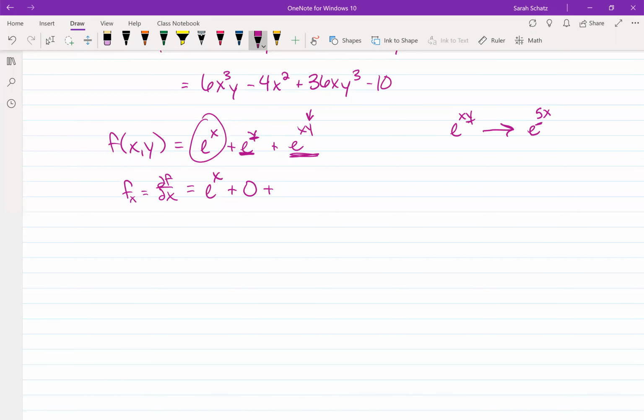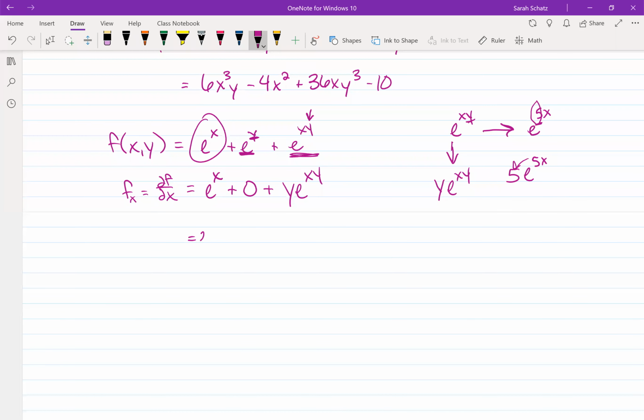How do I take the derivative of e to the 5x? Well, I bring the e to the 5x down as is, and remember this coefficient that's on x actually comes in front, and I get 5e to the 5x. What do you think is going to happen with this y? Well, I'm going to end up with the e to the xy, but the coefficient on x, which this time happens to be a y, is going to come down in front. So I'm going to end up with y e to the xy.